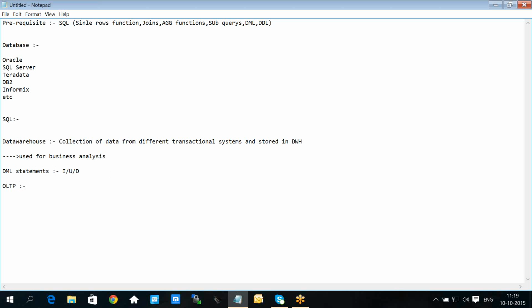OLTP is nothing but an online transaction processing system, where there are frequent transactions happening on the system. What are the examples of OLTP systems? The ATM withdrawal system we talked about is an OLTP system.